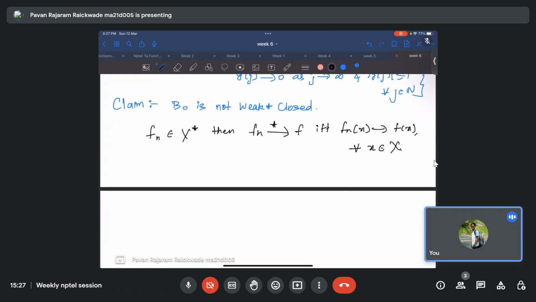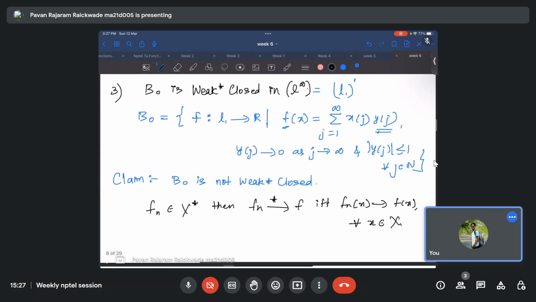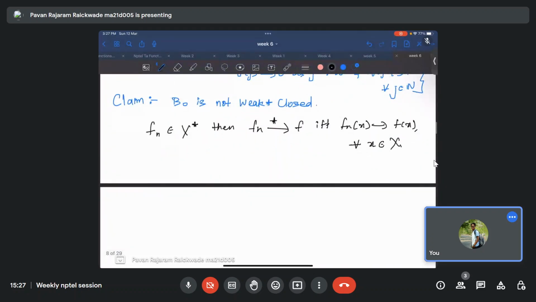So my claim is that B naught is not weak star closed. I'll give a sequence of functionals which converges to some function f, but that f is not in B naught. Define Fn as corresponding with 1, 1, 1 up to n times, then 0.